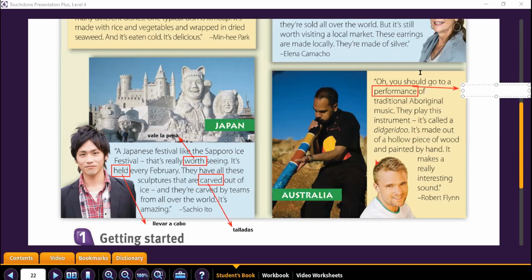So we're going to write the... Then we have another word that maybe you don't know. Tenemos por aquí otra palabrita que tal vez no conocemos el significado, and it's hollow. Hollow, do you know what's the meaning of this?